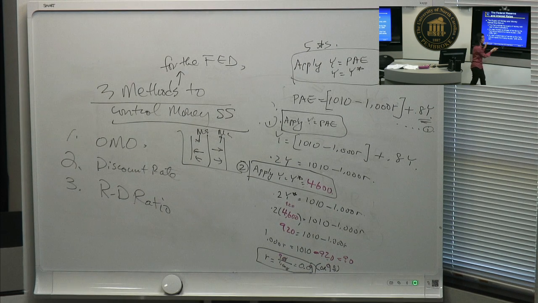That will be the selling of bonds by the Fed to the public, because then the public will have to pay the Fed money. So then the public becomes poorer, so we call that contractionary monetary policy. The money supply curve will shift to the left, like that.